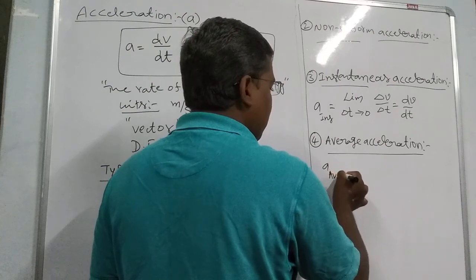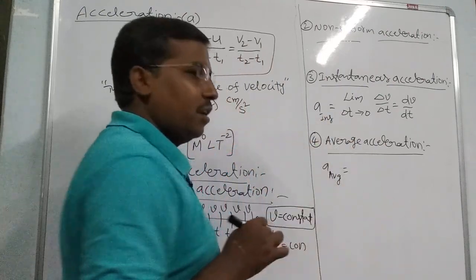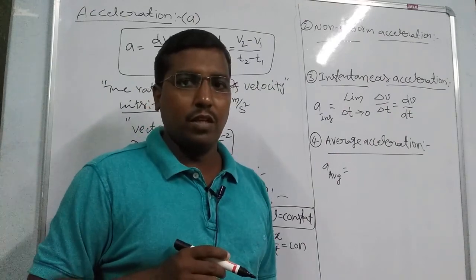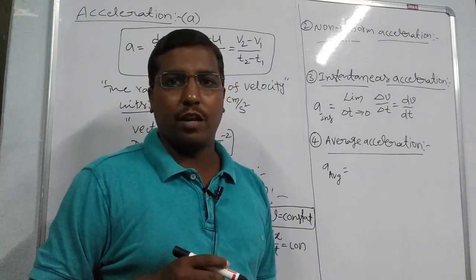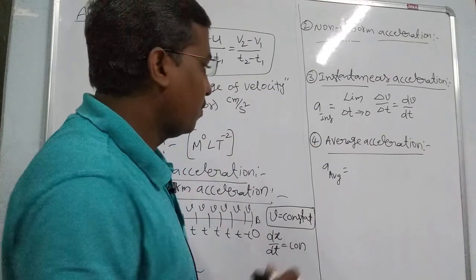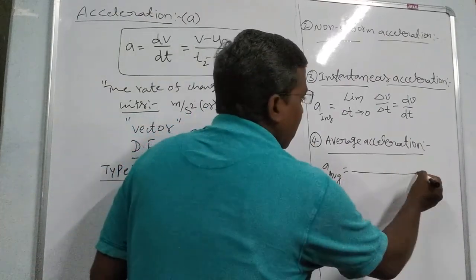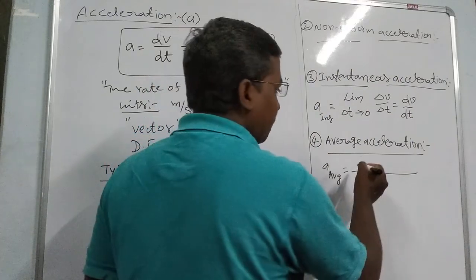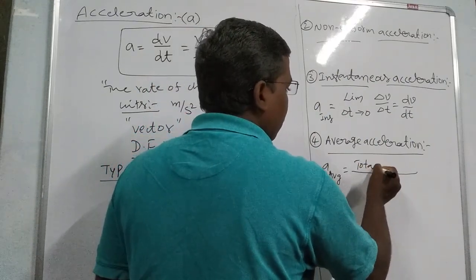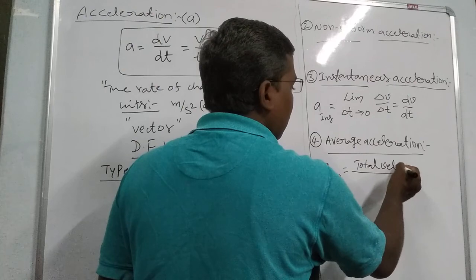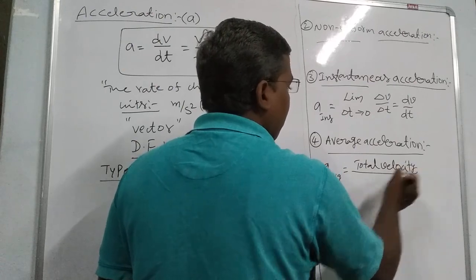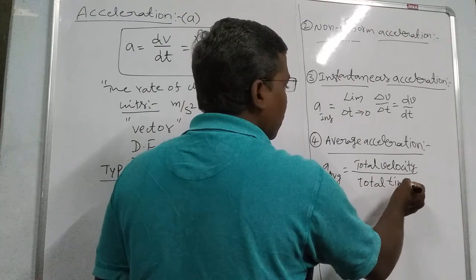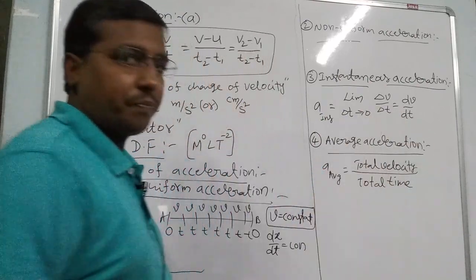Same as in average velocity and average speed, where it is total displacement by total time, here average acceleration is defined as the ratio of total velocity of the object to the total time taken in the journey.